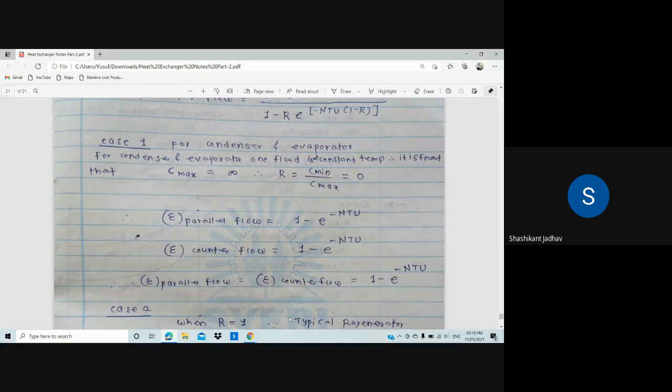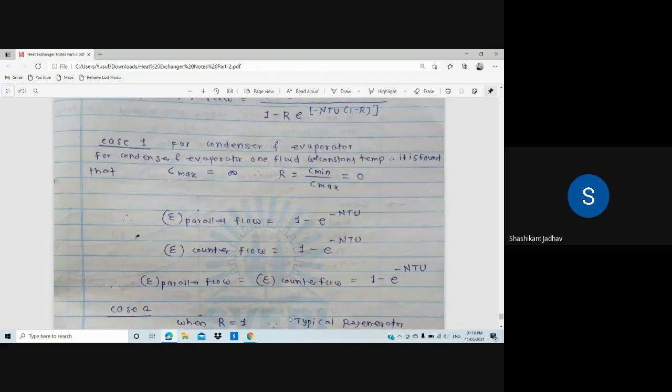The maximum heat capacity जे असणार आहे ती infinity असणार आहे. So it is found that Cmax is equal to infinity.